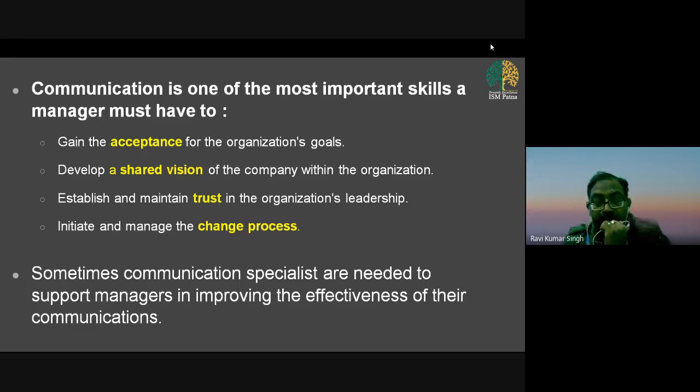So to bring out any change in the organization, the managers, the leaders, have to establish confidence, establish trust, and for that they have to communicate. Sometimes communication specialists are hired, which can help the organization to communicate effectively with the target audience.